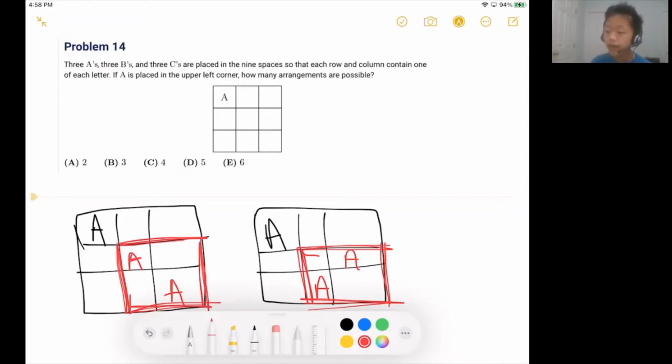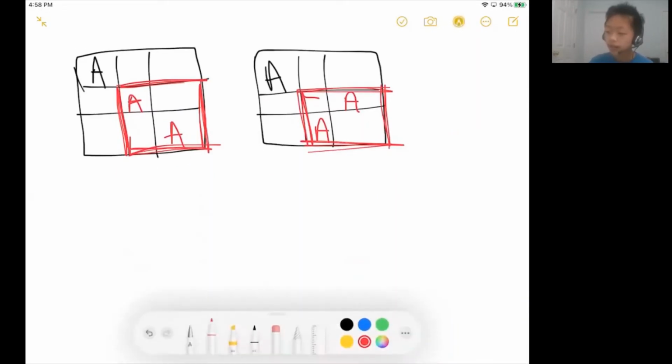And now we can take a look at the B's and the C's, right? So we've taken care of all the A's. Now let's see where we can put the B's and the C's. So let's take a look at this first arrangement here. If we take a look at this blue column, we see that we already have an A, and we need to have a B and a C in that column as well. So there are 2 possibilities.